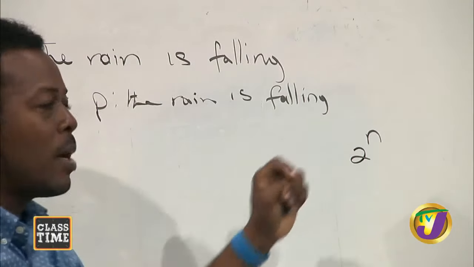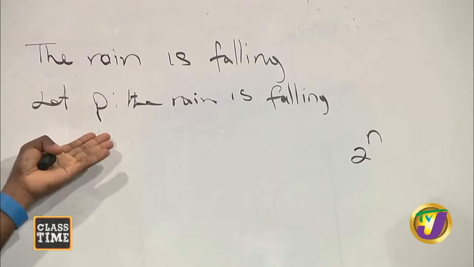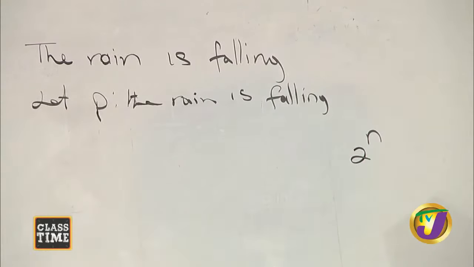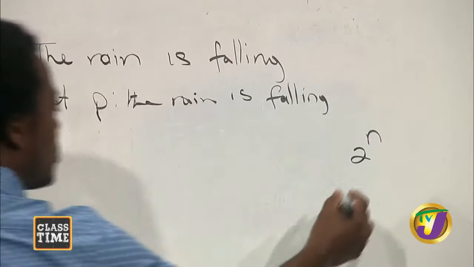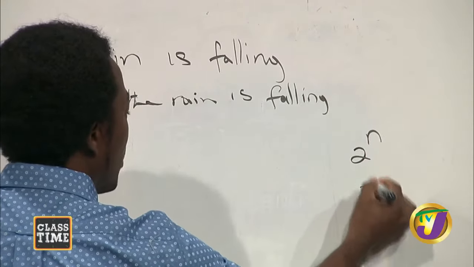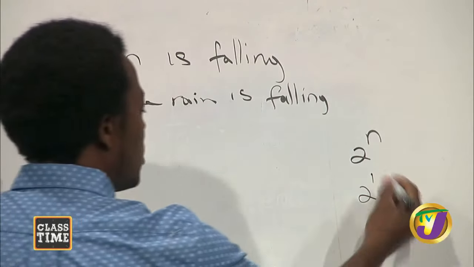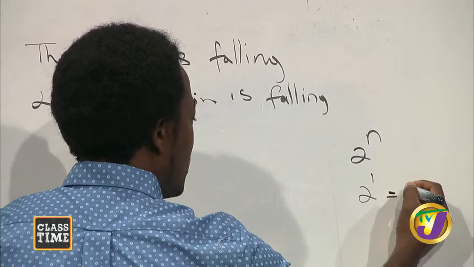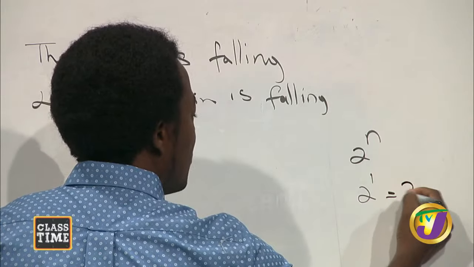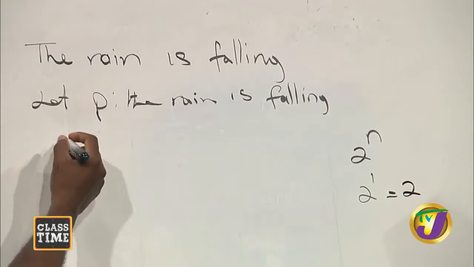So if you look at it, it's not different. This is P, we are talking about one variable, and it just represents 1, so it will be basically 2 to the 1. And of course, from your indices rules and laws, we know that 2 to the 1 is the same thing as 2. So we know that our truth table will be like this.